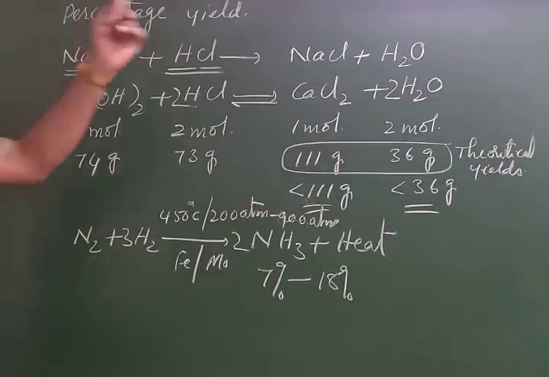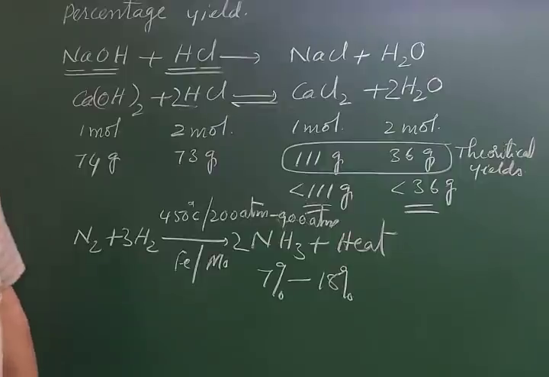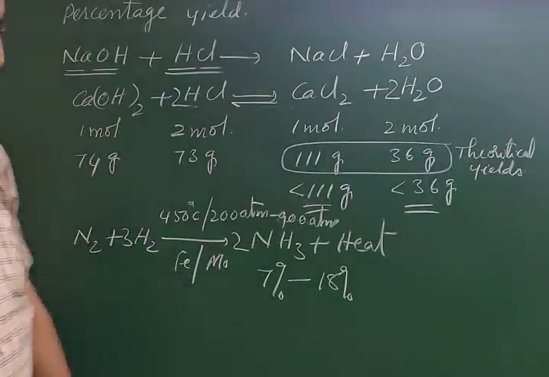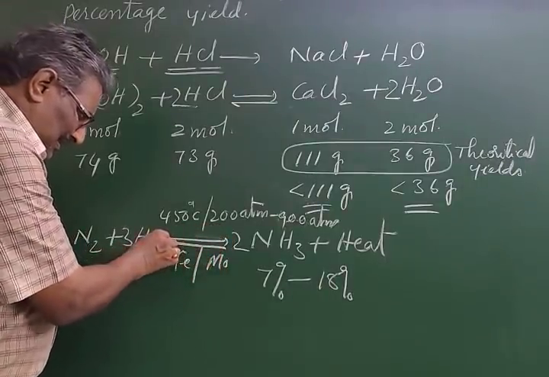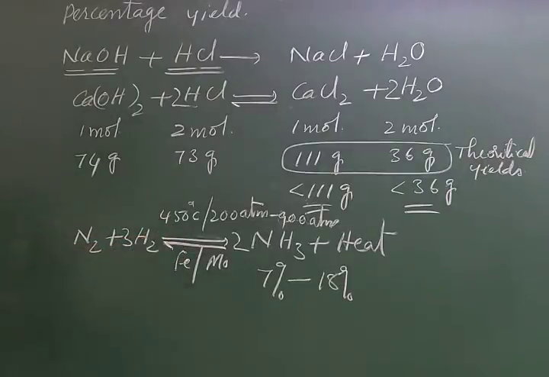Those unreacted reactants will be recirculated to make the reaction take place in the forward direction, and the ammonia is removed in order to suppress the backward reaction. This is a reversible reaction.